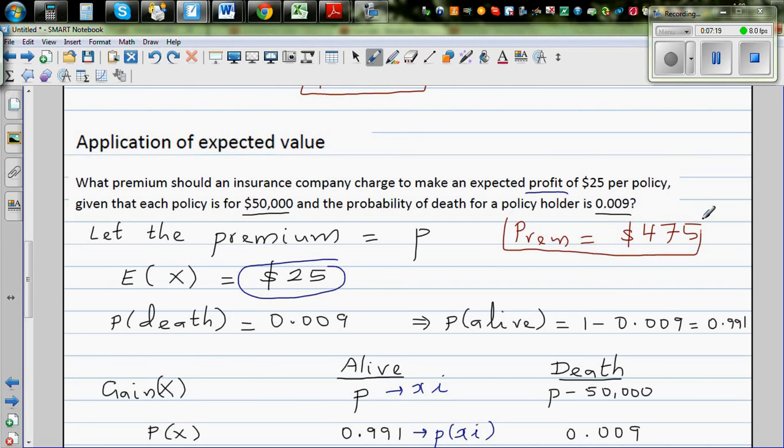If the insurance company is charging $475 as premium for a policy of 50,000, and you know the probability of a policyholder of that age group dying is 0.009, you can say with reasonable confidence that if this policy is sold to a large number of people, they can expect to gain $25 per policy. That's the whole example about the application of expected value in calculating premiums.